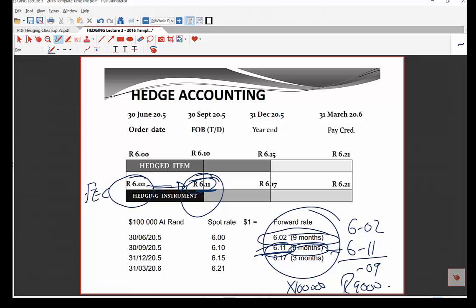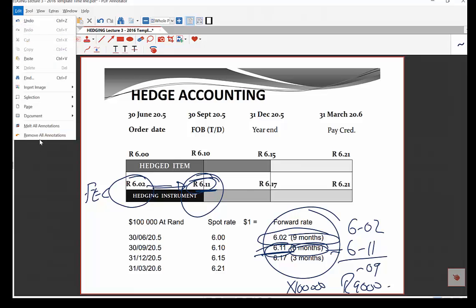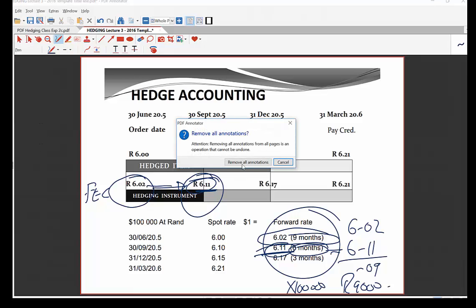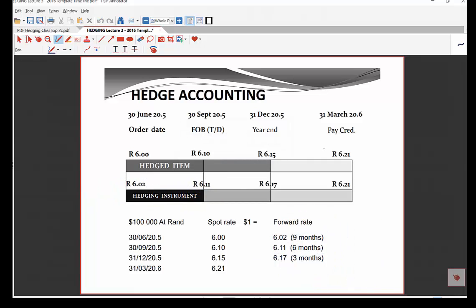On the other side, we now have the firm commitment. Now the firm commitment moves in the same direction as the asset will move, your asset or liability, in other words your creditor. So if the spot rate increases, then you are making a loss. If the spot rate decreases, then you are making a profit.